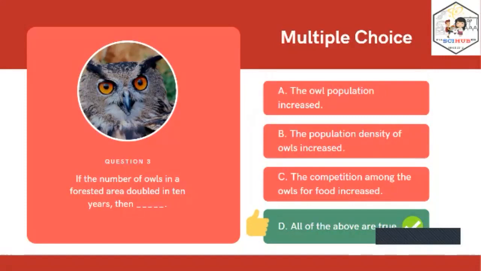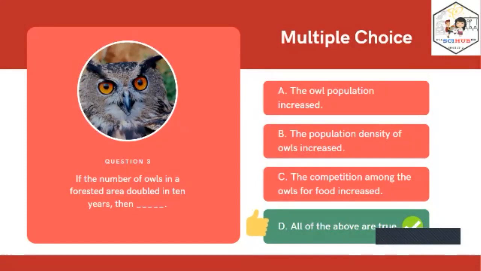So if the number of owls are doubled in 10 years, of course, it is obvious na lumaki or tumaas yung population ng owls, and yung density, syempre, as the population number increases, the population density also increases.